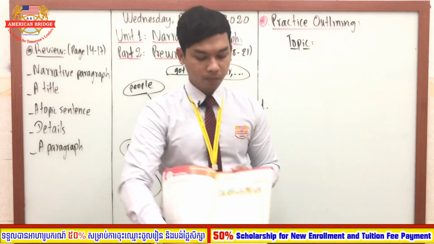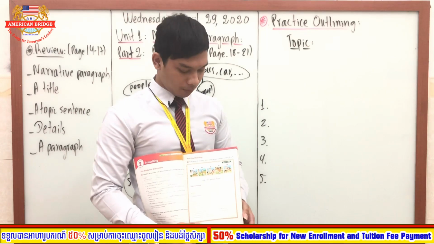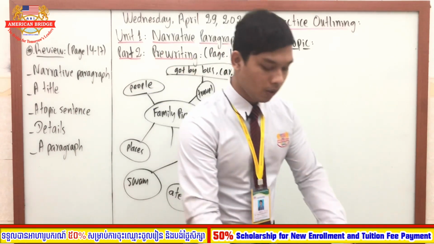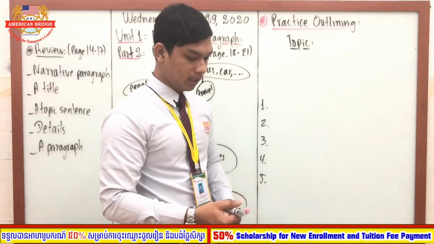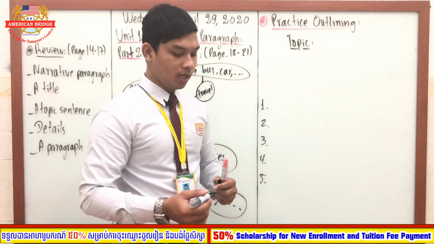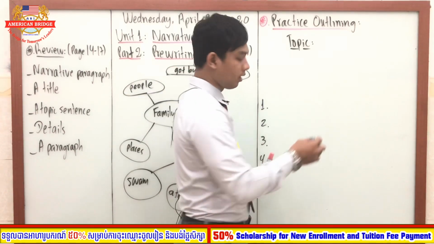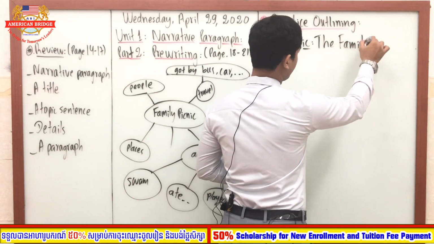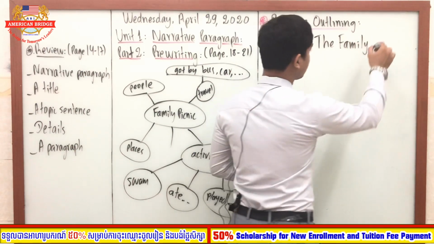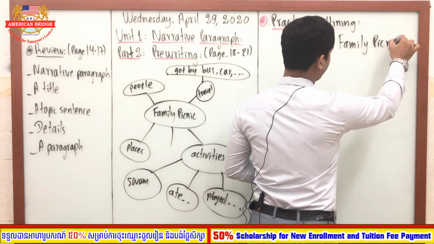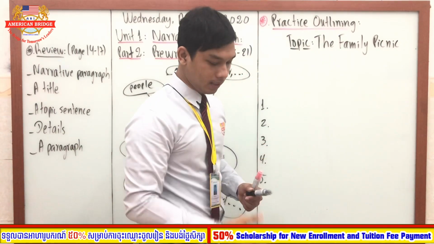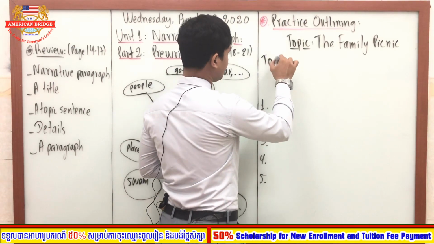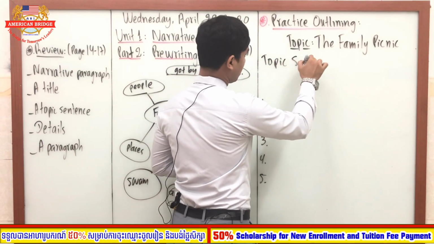You can turn your book to page 19, everyone. Turn your book to page 19. You will see the practice outlining. So the title of our practice is about the family picnic. And then we have to have the topic sentence. The topic sentence.